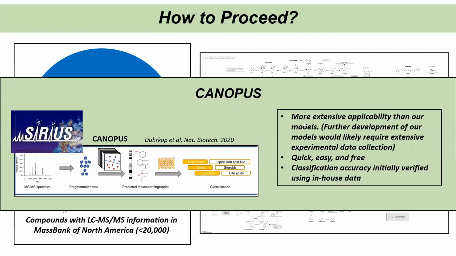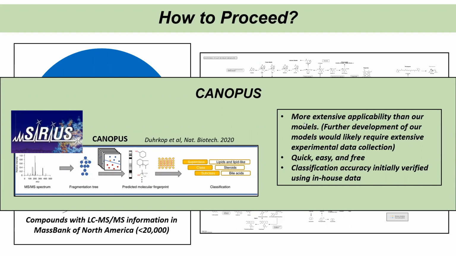Then another algorithm emerged to answer the same question. It's called CANOPUS. It was developed by the Böcker group in Germany, the same lab that developed SIRIUS. This algorithm was incorporated into that software suite, and it has more extensive applicability than our models.